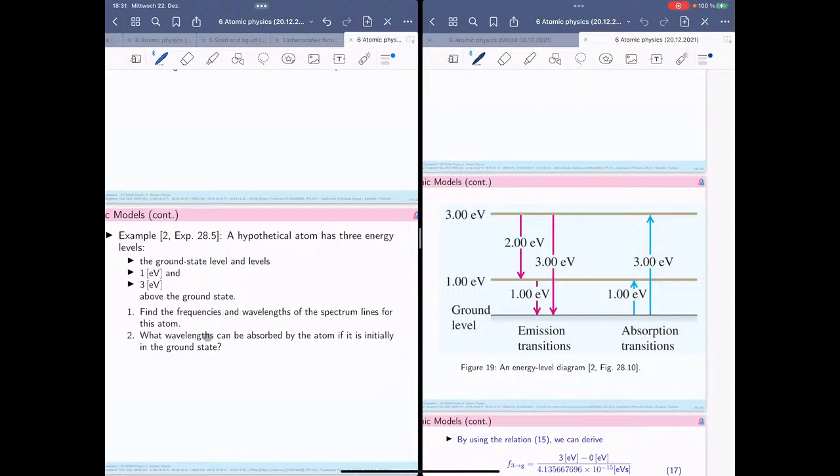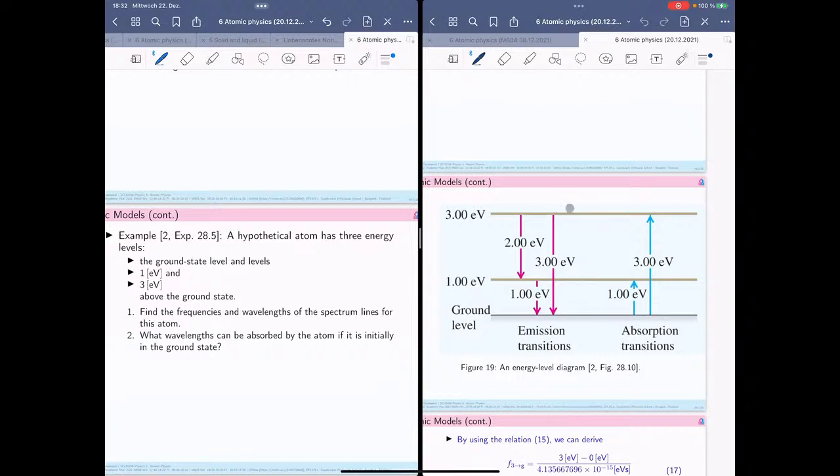That's the reverse way to the first sub question. Frequency and wavelength for the spectrum lines of this atom: of course, these mean the emission of light, and emission of light takes place when the electron moves from a higher energy state to a lower energy state.